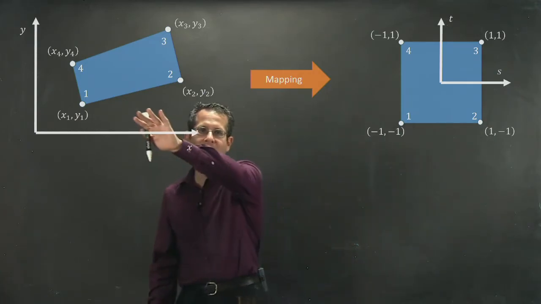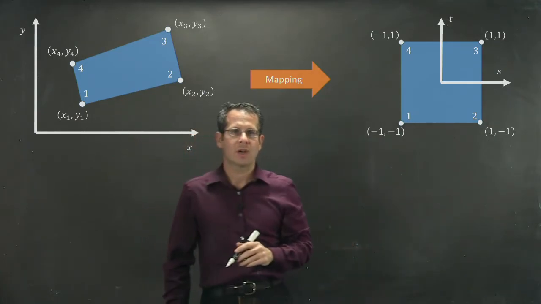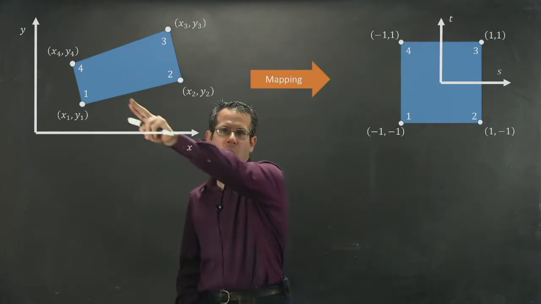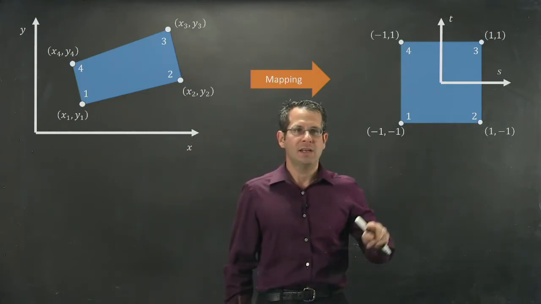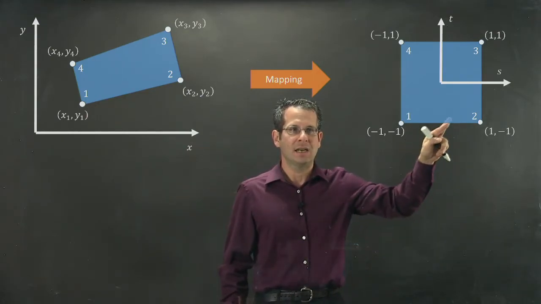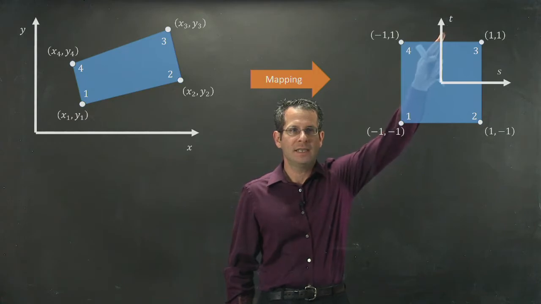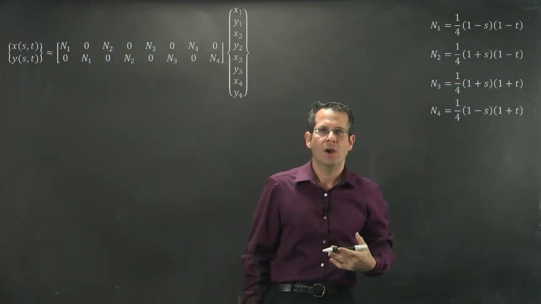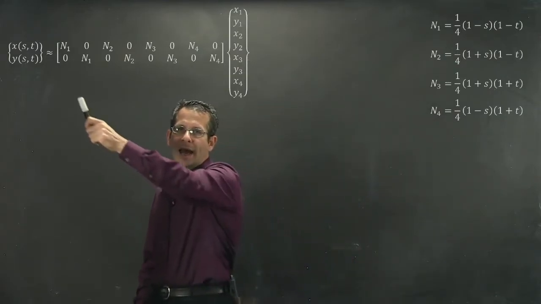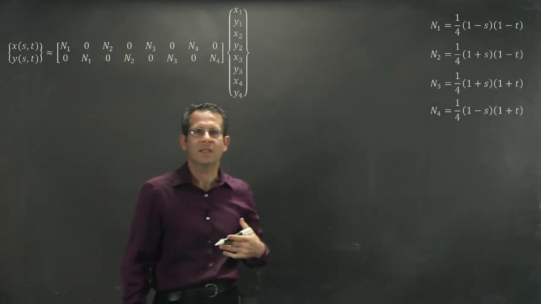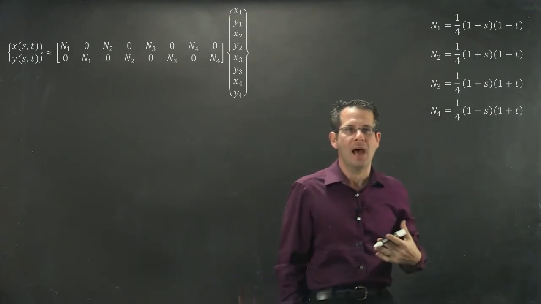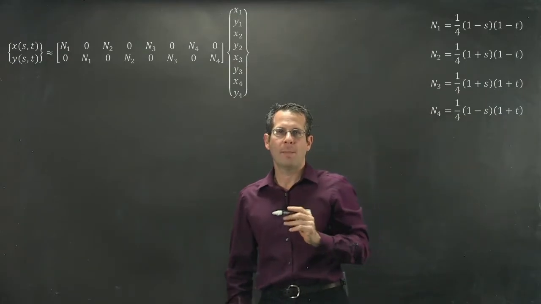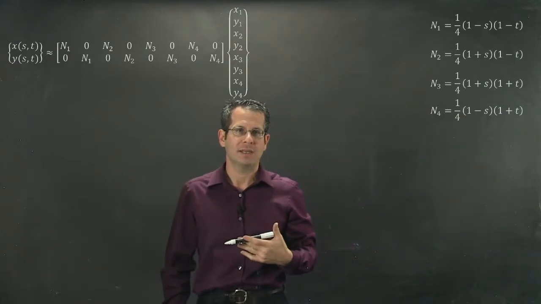We have mapped our two-dimensional quadrilateral element that exists in XY space to a square element that exists in virtual ST space. In doing so, we found functions x and y, which are functions of s and t, meaning that they map a point that exists in ST space to a point in XY space.